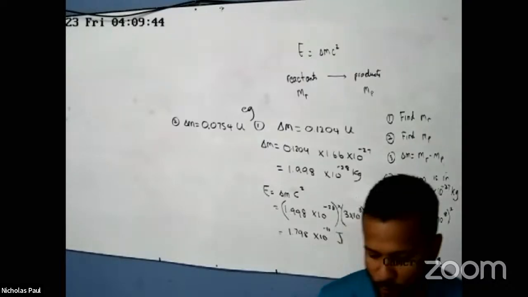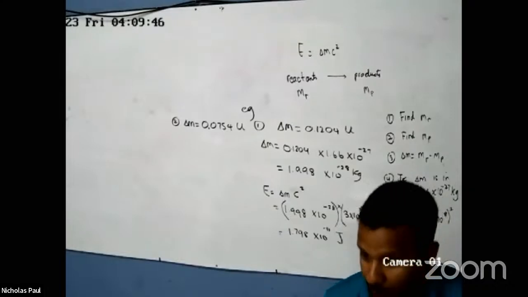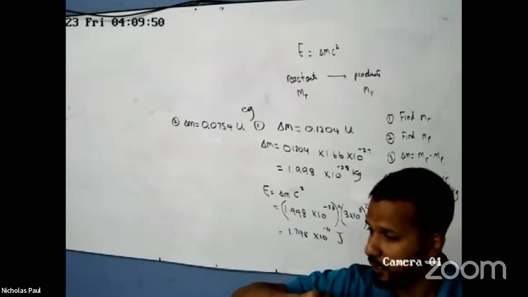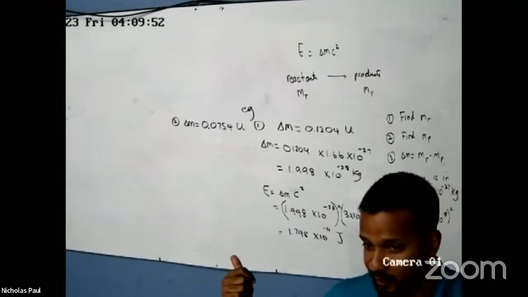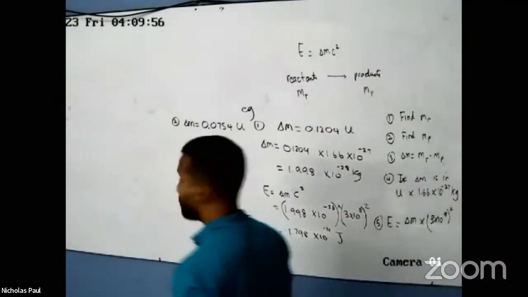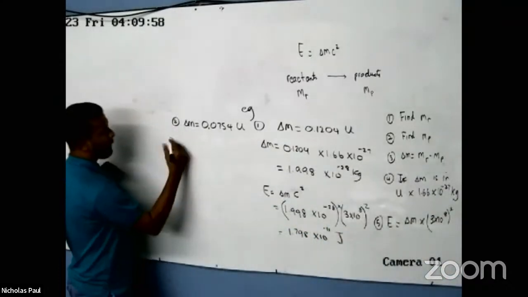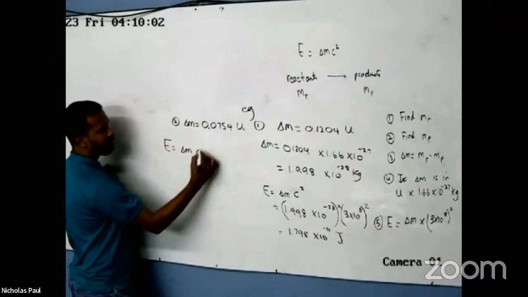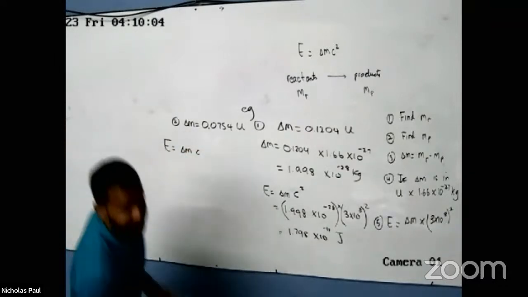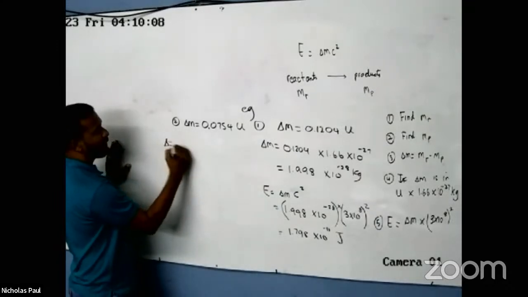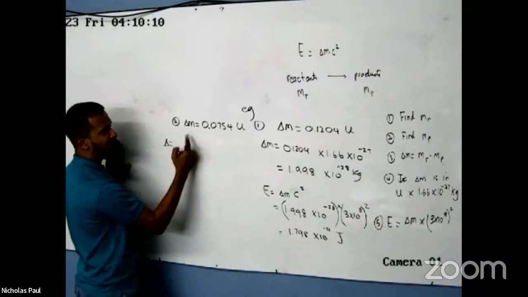Right, let's go again. Let's see what we have. Because sometimes in recent years they didn't give you the full equation, but this year they gave you the change in mass and you have to work it out. So E is equal to delta M. Sorry, I want to find the value in kilograms first. So delta M, this value is in U for change in mass.